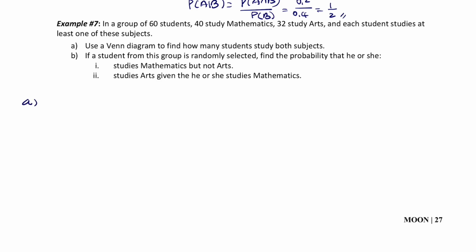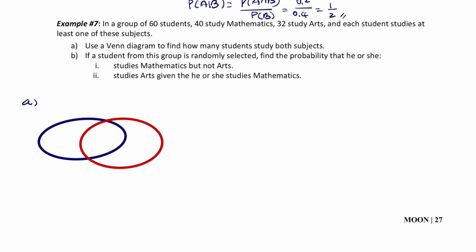So question A. So let's say we have math and art like this, and I'm going to say this is art and this is mathematics M, and the total number of M union A is equal to 60, and the number of maths is 40. The number of the samples in art is 32.